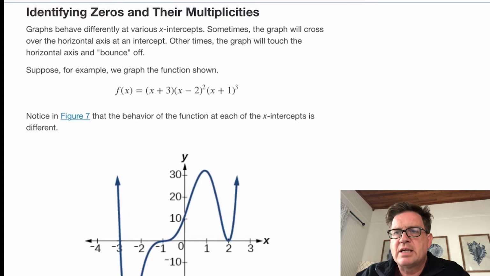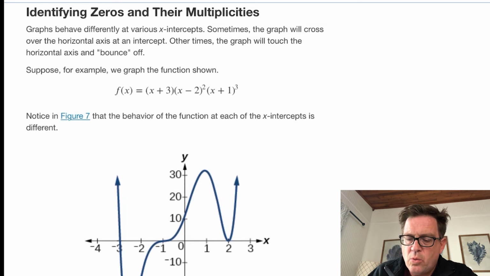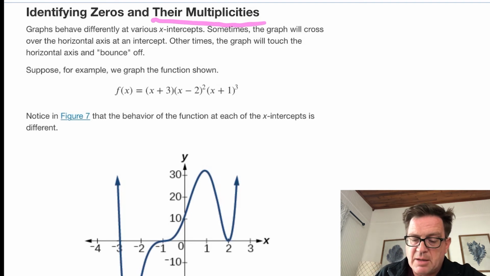So back to this idea of multiplicities in the book, what they talk about with identifying zeros and their multiplicities. Sometimes the graph will cross over the horizontal axis at an intercept, and other times the graph will touch and, quote-unquote, bounce off. So how do you look at that? Look at this function.